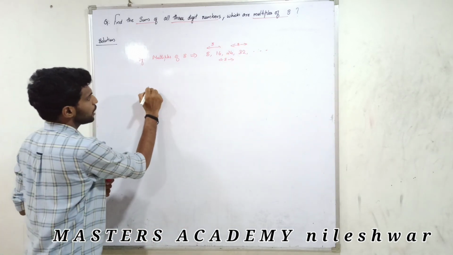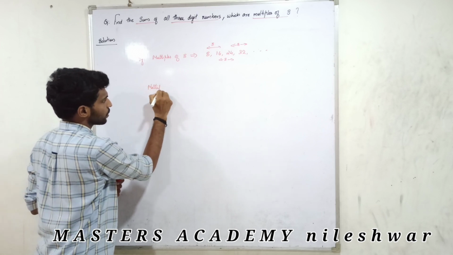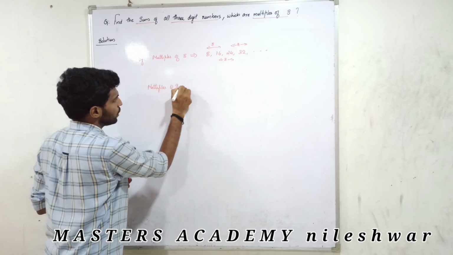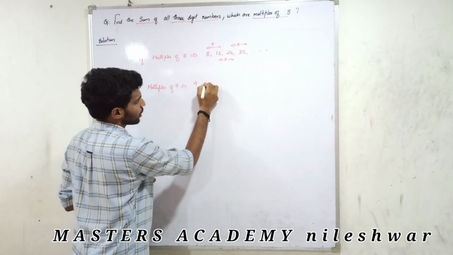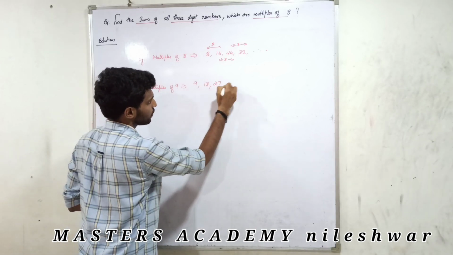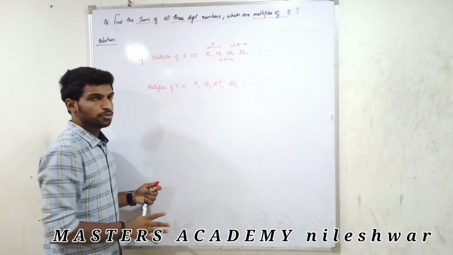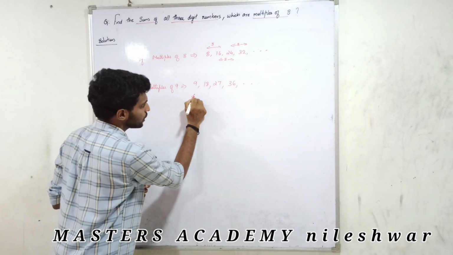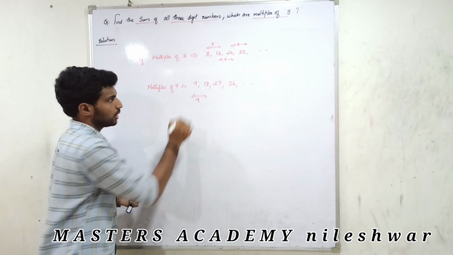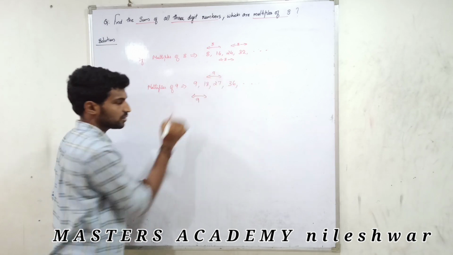If they ask for multiples of 9, we can write 9, 18, 27, 36, etc. This is also an example of an arithmetic sequence, and here the common difference is 9.